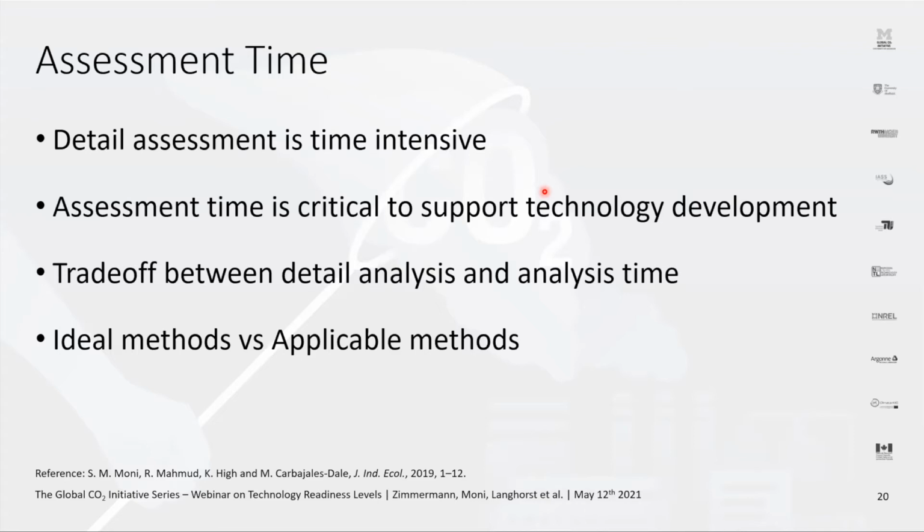We can obviously discuss ideal methods, like, yes, we need to consider all these impacts and all these factors, but whether it is actually applicable at this low TRL level is another issue: how to make the trade-off between these ideal methods and a method that would be more effective and applicable at low TRL.